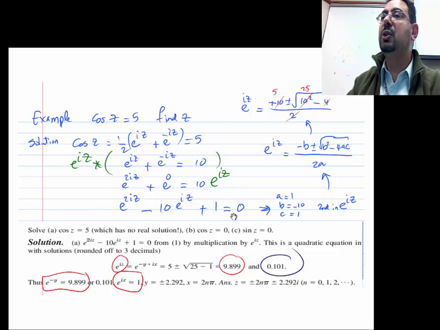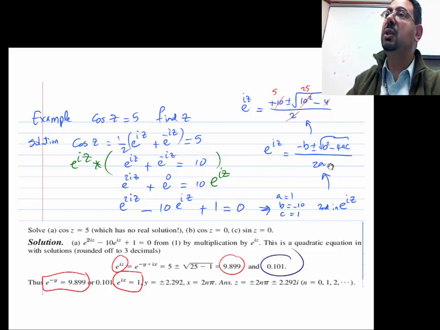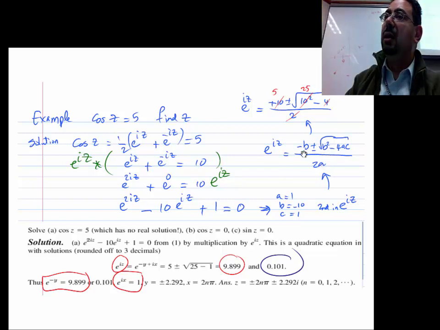Lambda squared minus 10 lambda plus 1 equals 0. So to solve a second order equation with the coefficients 1, minus 10, and 1, the formula is minus b plus or minus square root of b squared minus 4ac over 2a. b is minus 10, a is 1, and c is 1. You do this and it becomes 5 plus or minus square root of 25 minus 1 over 2.